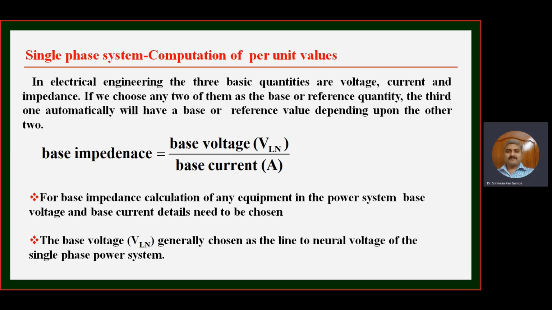The base current we need to derive; we cannot take it directly. The base current value depends on the base kVA and base voltage. So for the base impedance calculation, first we should know the base voltage and the base current, and the base current we compute from the base power and base voltage. We will see how to compute the base impedance in the coming slides.